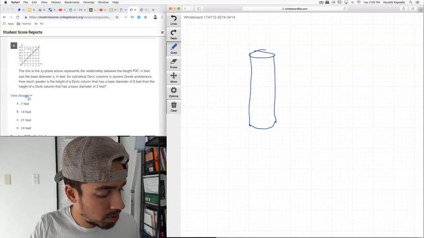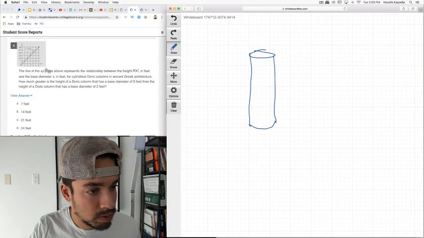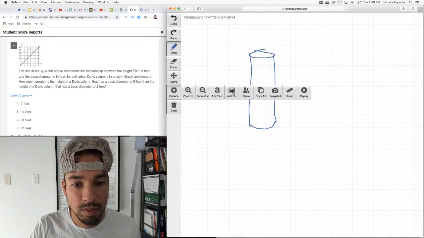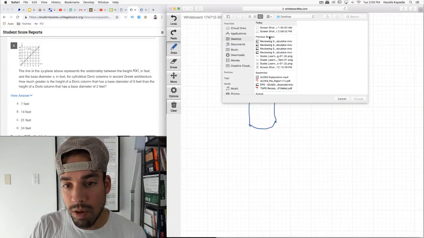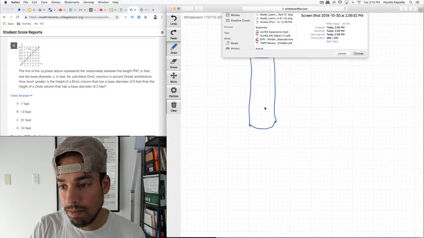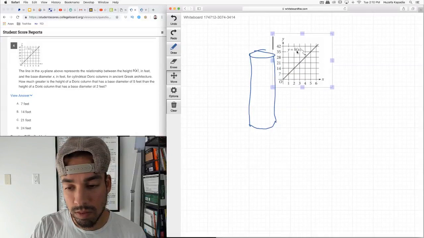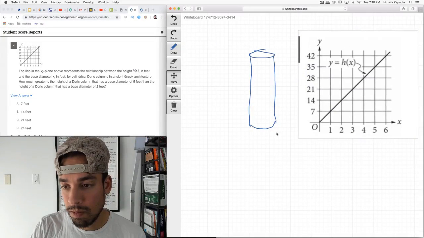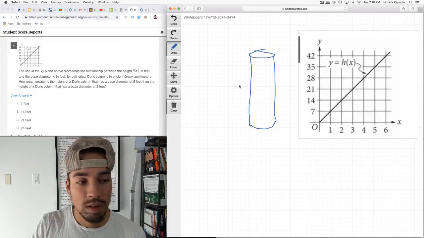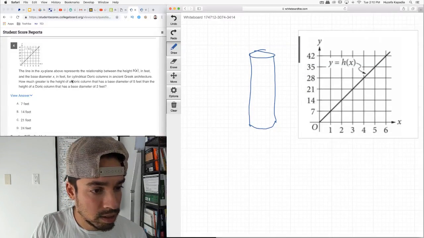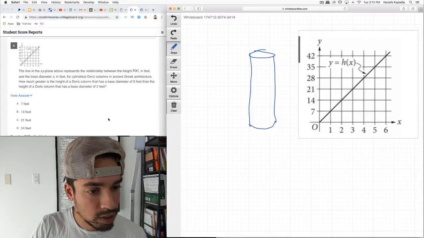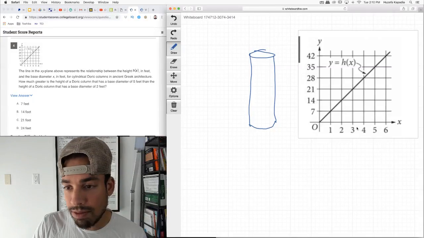You know what I'm going to do is I'm going to take a screenshot here. This will be easier. I'm going to actually draw on the graph. Okay. Here's the height of a Doric column that has a base diameter of 5 feet.